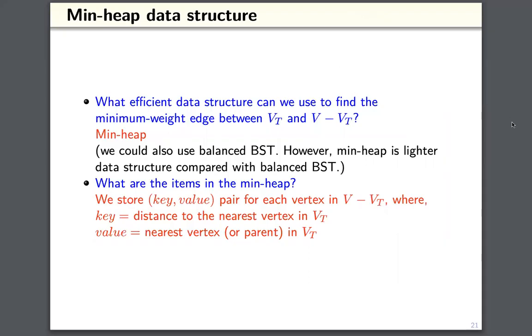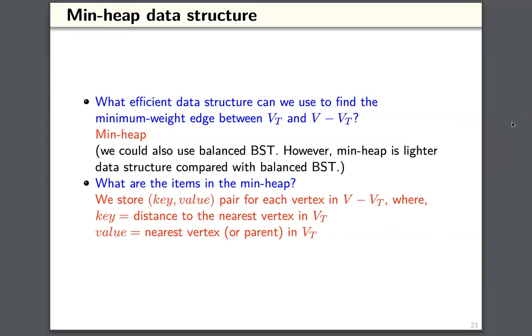You will use a min heap. Why should we use a min heap? So the reason is, look at the beauty of this. You have a collection of edges such that one endpoint of the edge is in the tree and another endpoint of the edge is outside the tree.